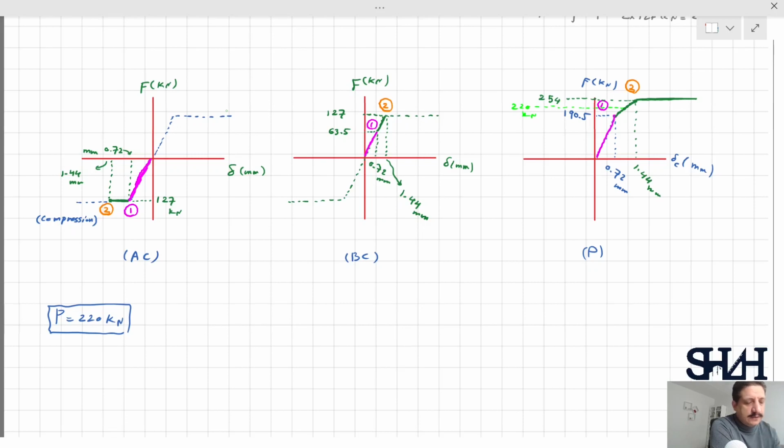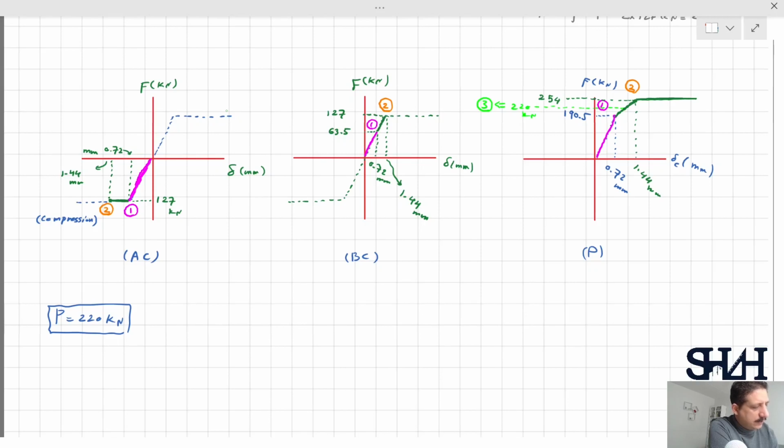As far as it is greater than 190.5, so 220 would lead into the AC element become plastic. You can see that we are somewhere here. Let's call it number 3. And it's between 1 and 2.